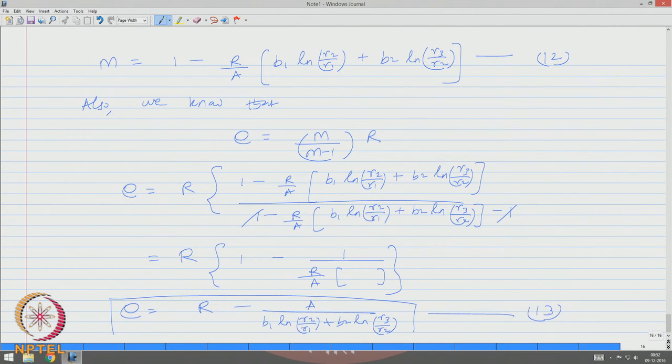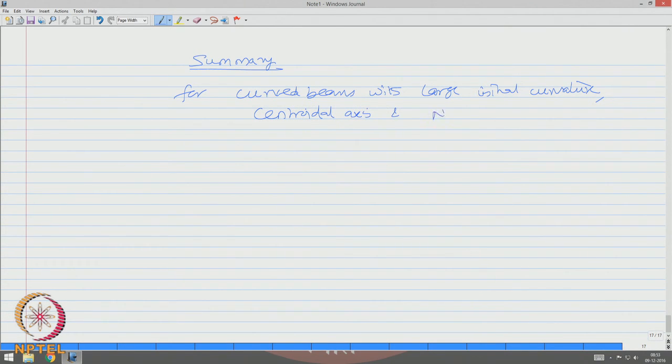Equation number 30. So, friends, we understood that for curved beams with large initial curvature, centroidal axis and neutral axis will not coincide.